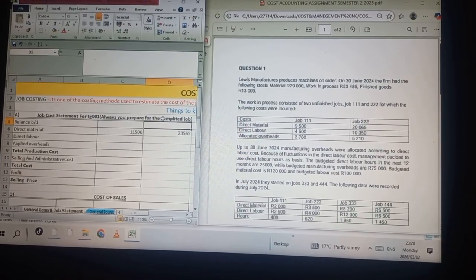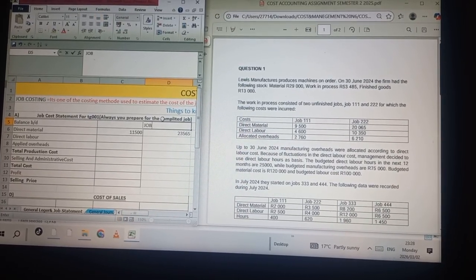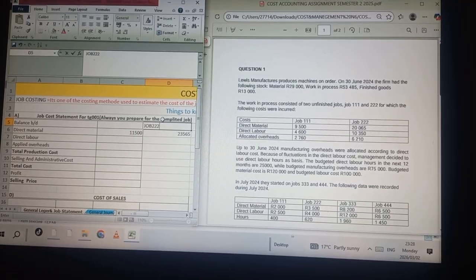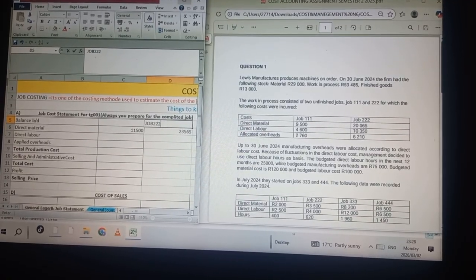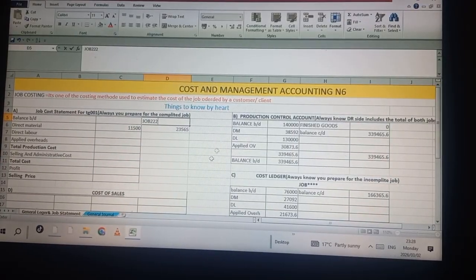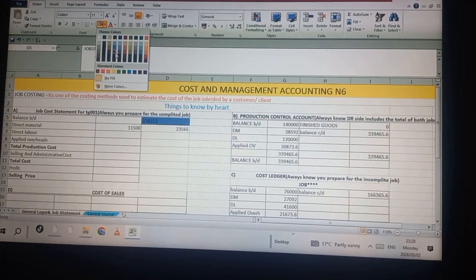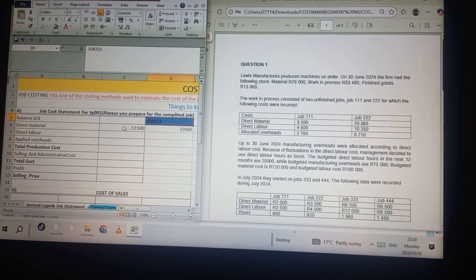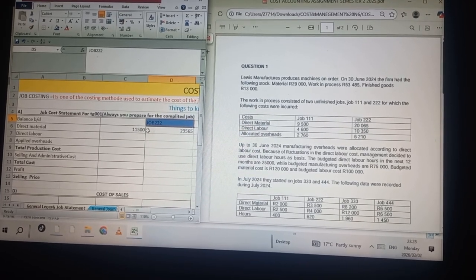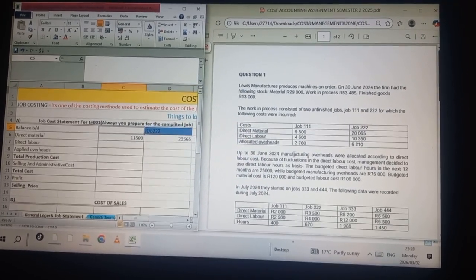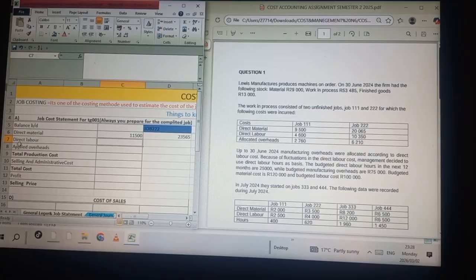Let me just say job 1, 2, 3. Let me try and highlight it. Yes, this is for job 1, and then this is for job 2. Direct material. We don't have opening balance brought down. We have to calculate direct labor.